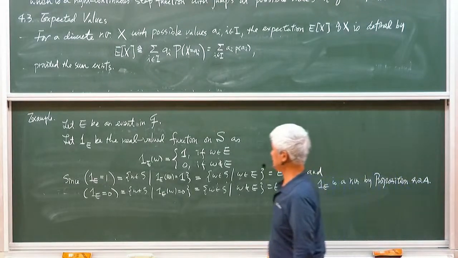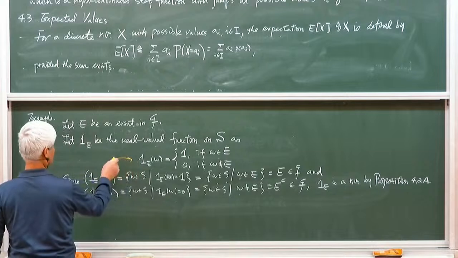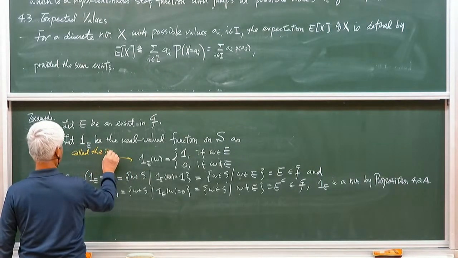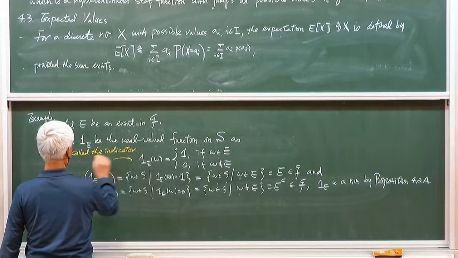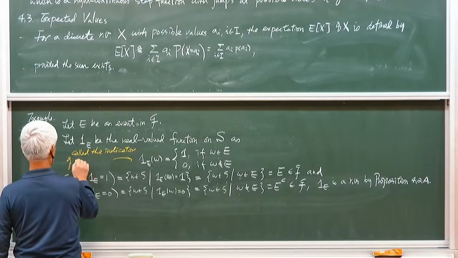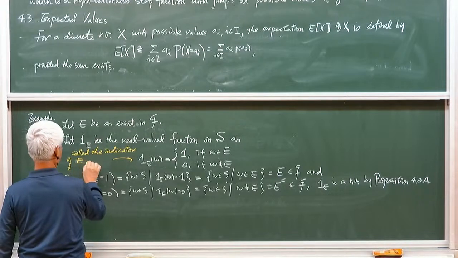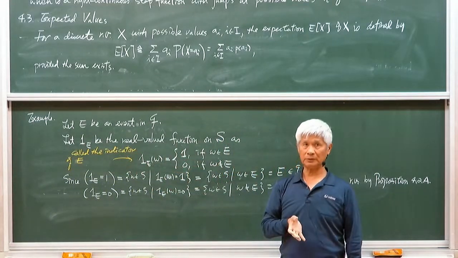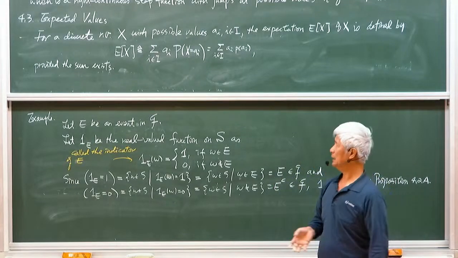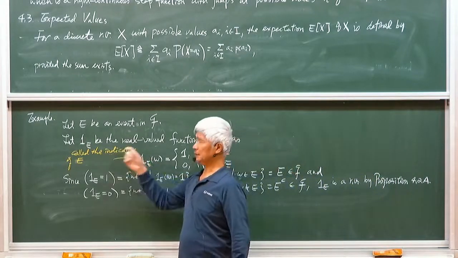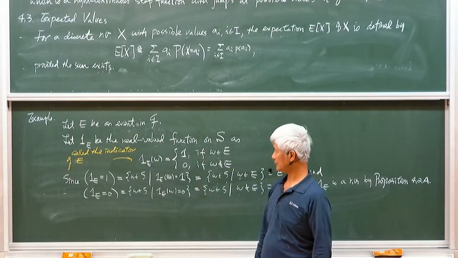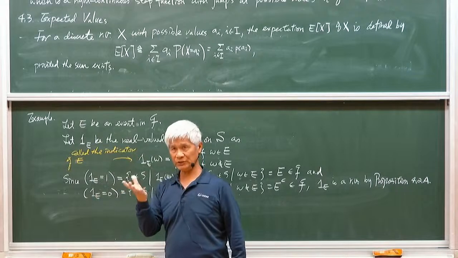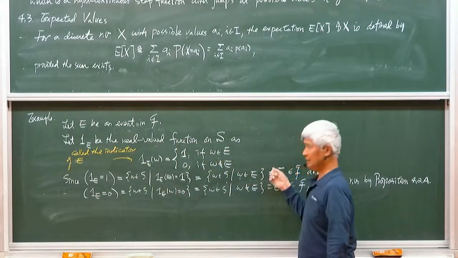All right, and this is called the indicator of the event E. So 1 sub E is a random variable. It's a discrete random variable, and it's called the indicator of E. So you can see that the indicator of E contains information exactly equal to the event E itself.